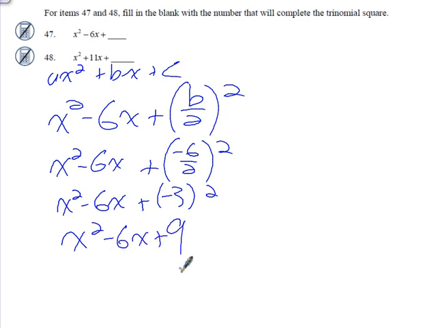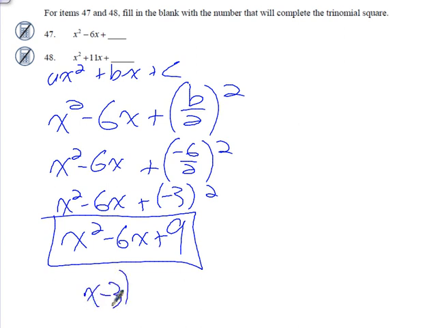So that would be your final answer for this problem. And remember, this would simplify to simply x plus b over 2, squared. So this would end up being x minus 3 squared if we wanted to simplify it further. That's what's so great about completing the square. 48, you would do the same way.